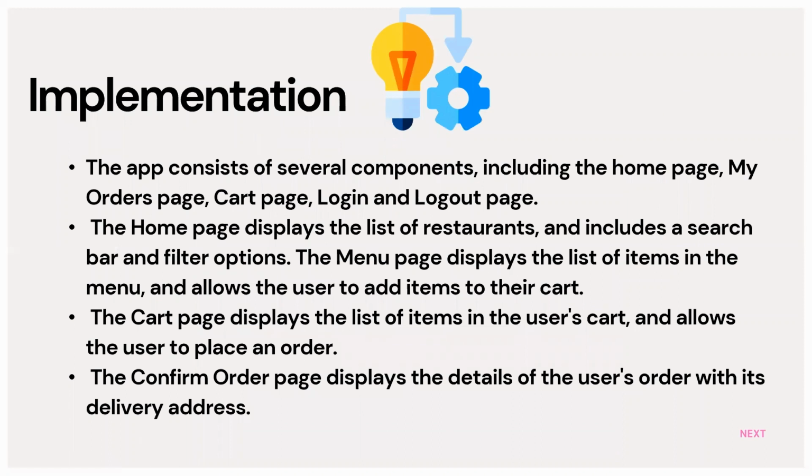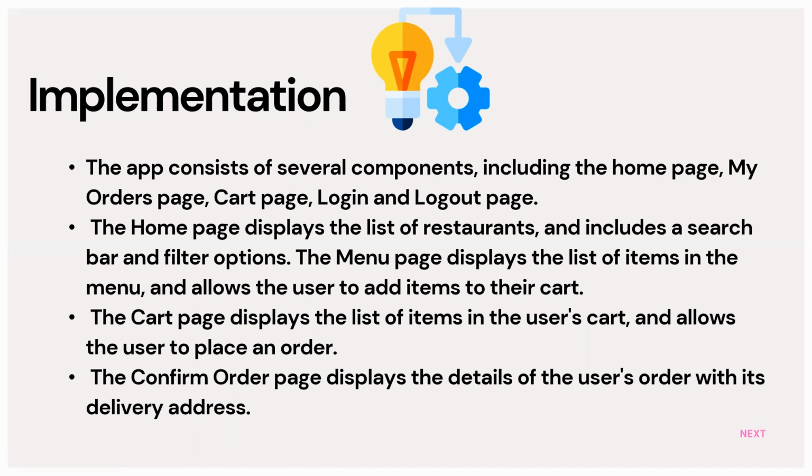Let us look into the implementation of our project. The app consists of several components, which include the home page, my order page, cart page, login, and logout page, which will be useful for the user. The home page displays the list of restaurants available and includes a search bar for the user to search the restaurants, and filter options too.